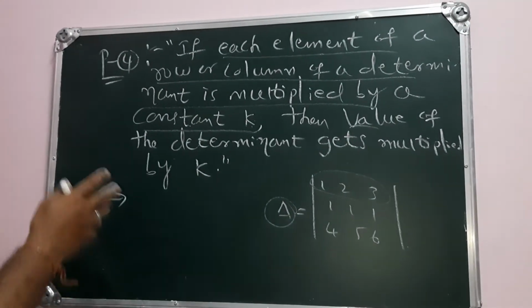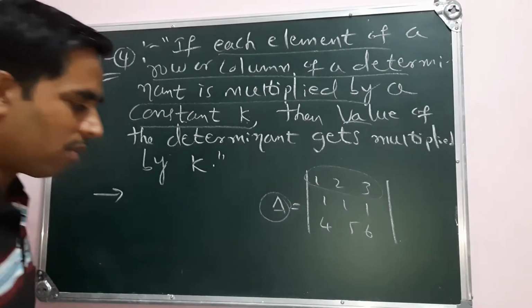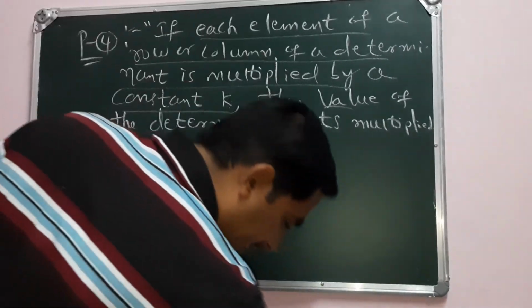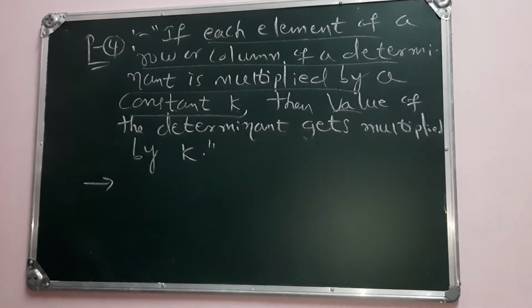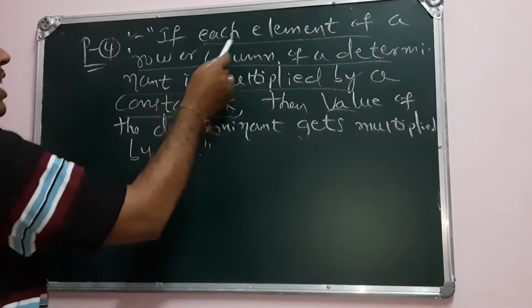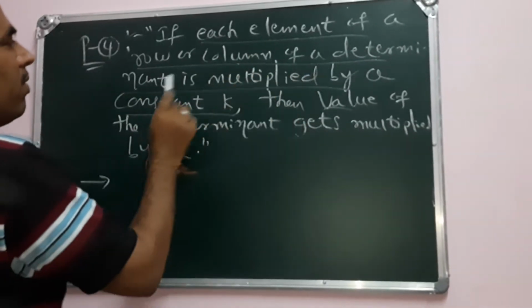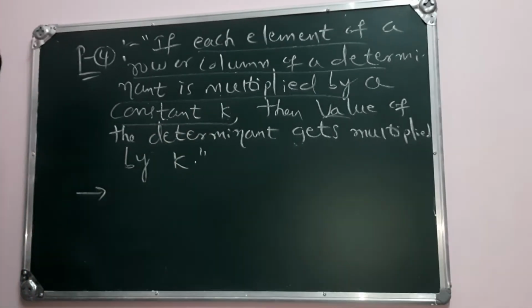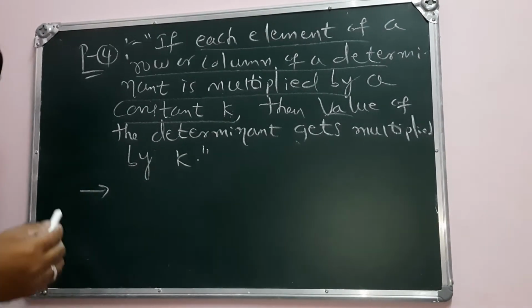So this is the statement of the fourth property. So let us read the statement again here. If each element of a row or column of a determinant is multiplied by a constant, then value of the determinant gets multiplied by the constant k.